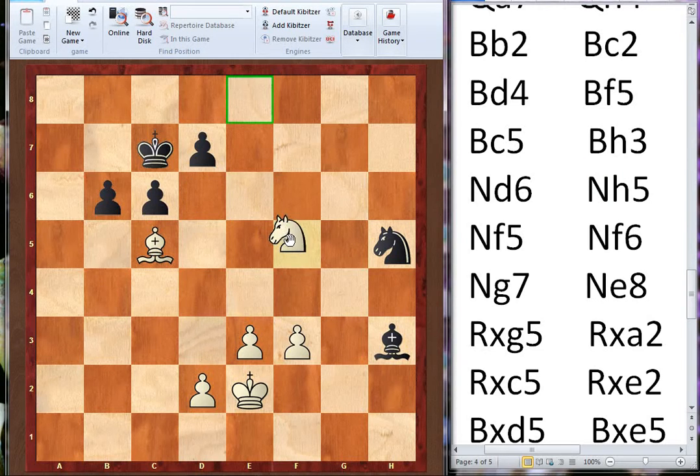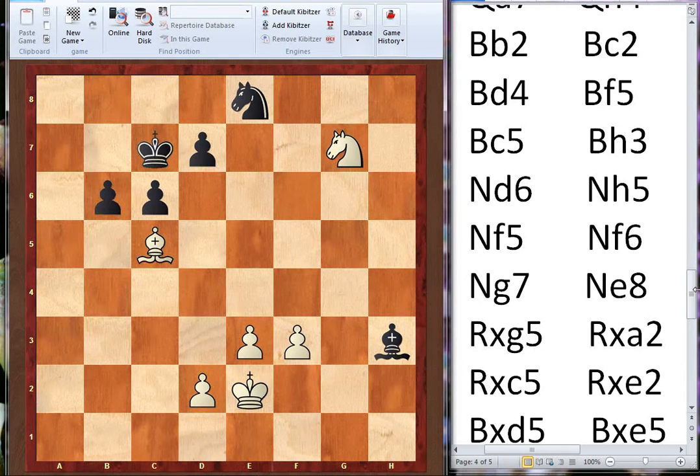This knight moves here. Capital N f5. This knight moves here. Capital N f6. This knight moves here. Capital N g7. This knight goes here. Capital N e8. This is how we write. Understood?